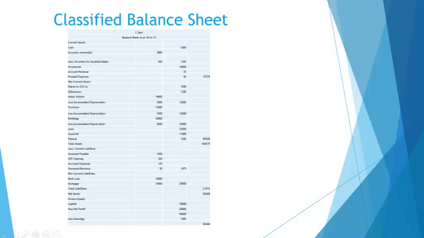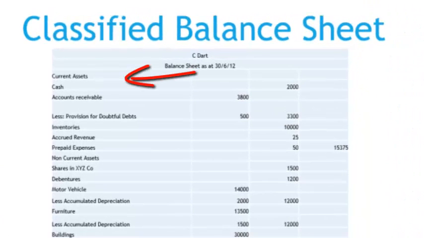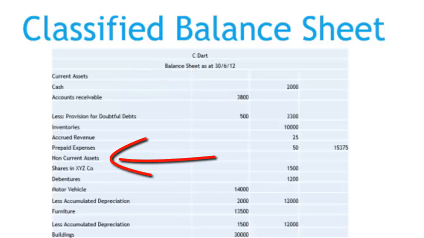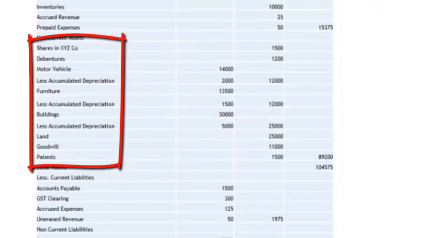This is taken from your text on page 446. You notice up here we've got current assets. There's a whole number of those here. We then have non-current assets, and there's a whole number there, including intangibles, property and investments.